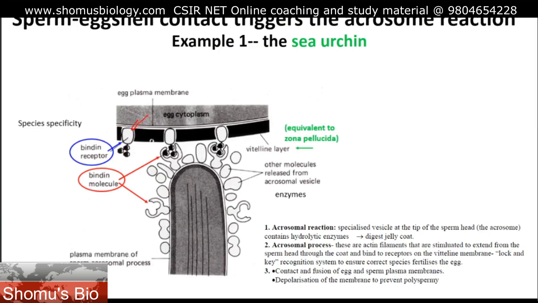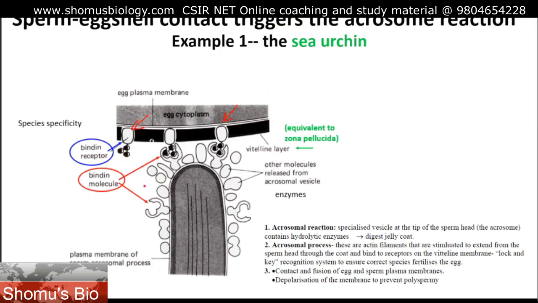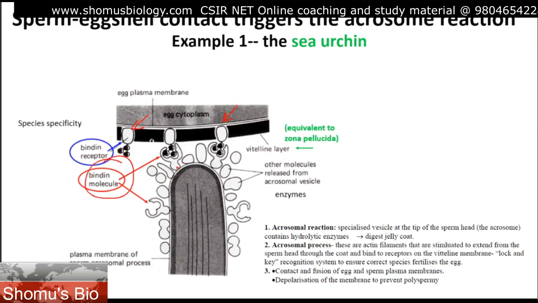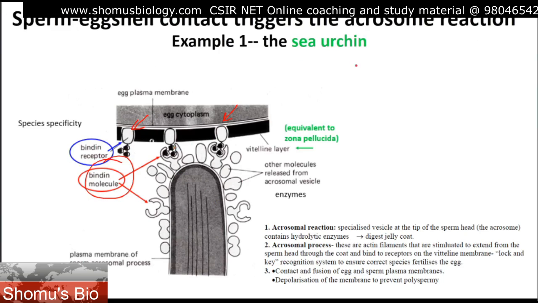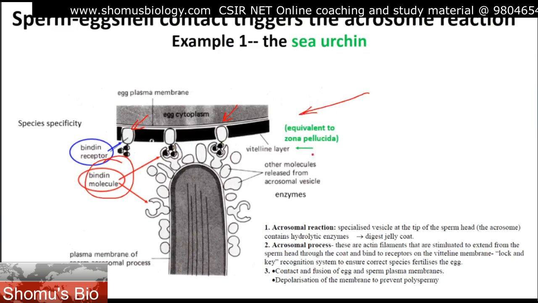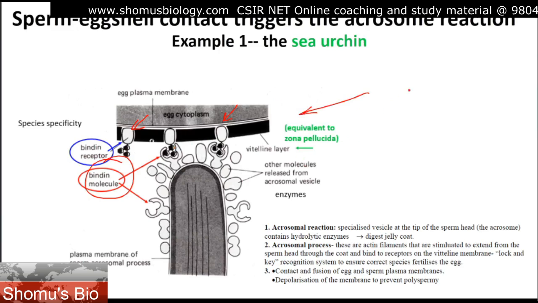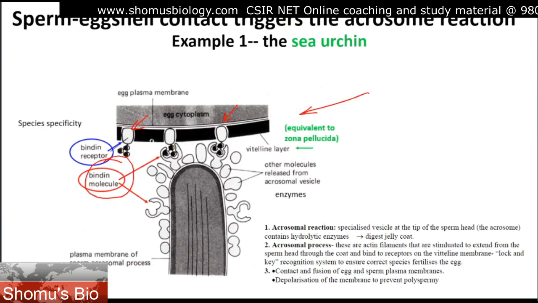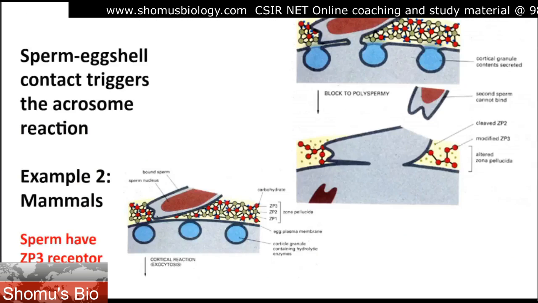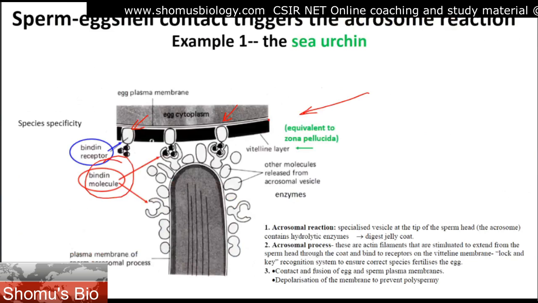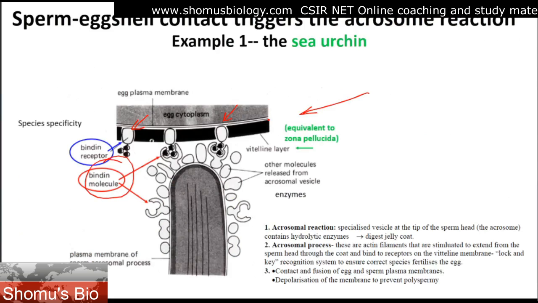So the binding receptor is present on the surface of the egg, and binding molecules are present on the surface of the sperm. This binding molecule will interact with the binding receptor, and this specific interaction causes one signal. That signal is really, really important. It signals the egg cell that a proper sperm from the same species has initiated the attachment and will do the process of nucleus delivery.